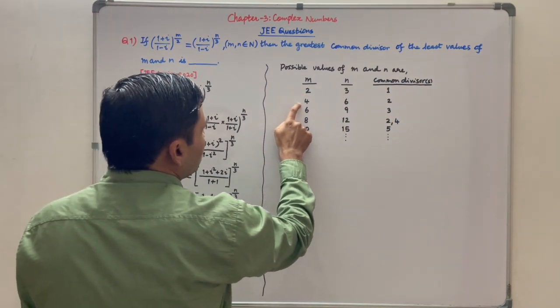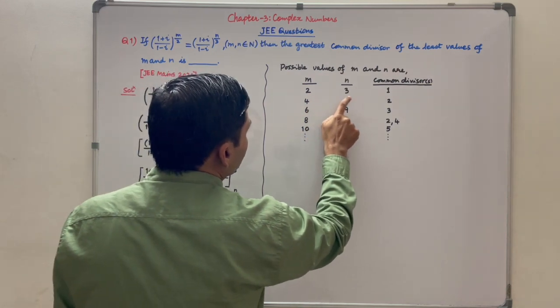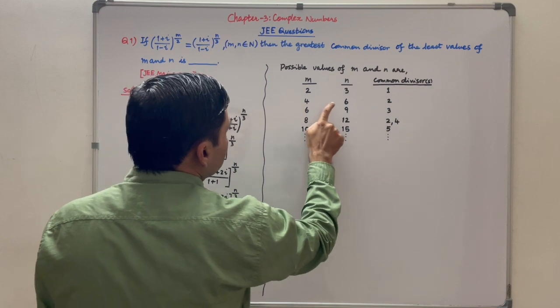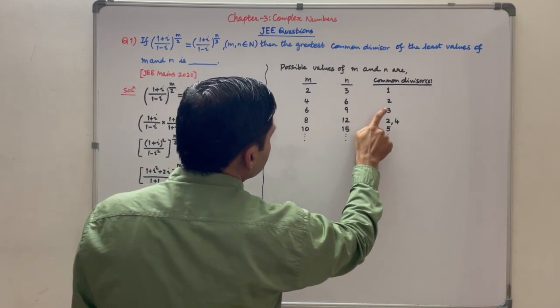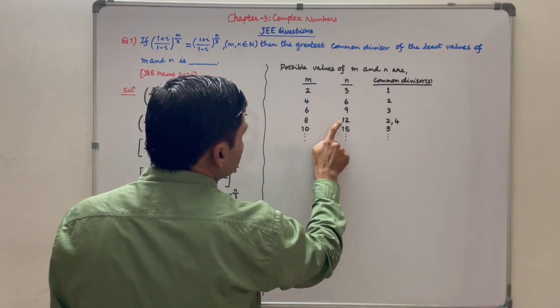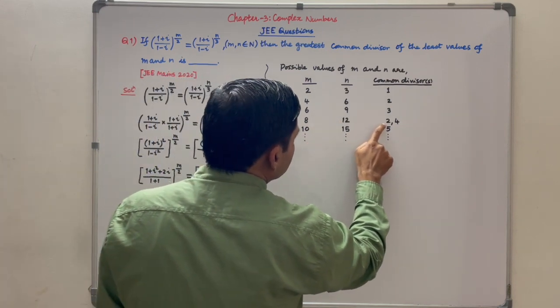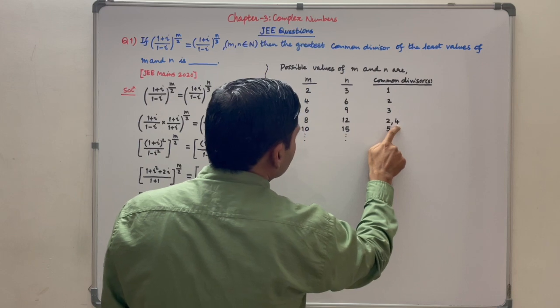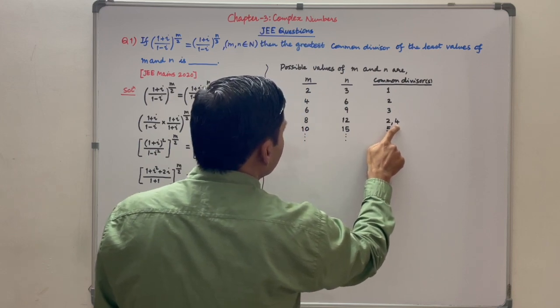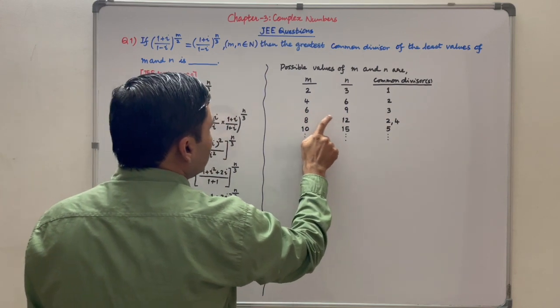When m = 4 and n = 6, common divisor is 2. When m = 6 and n = 9, common divisor is 3. When m = 8 and n = 12, common divisors are 2 and 4. So far 4 is the greatest common divisor for least values of m and n.